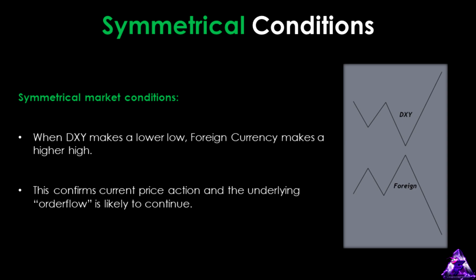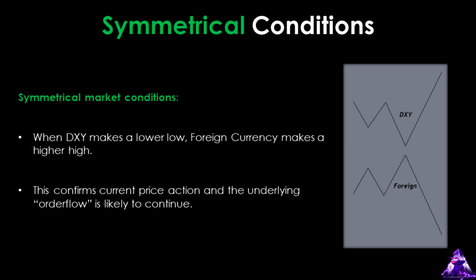If you're wondering why it is inverted, it's because the DXY moves opposite to foreign currencies. Don't confuse inversion with symmetry. They're different concepts. Two markets can be inverted, but still be in symmetry if they follow the same structure.